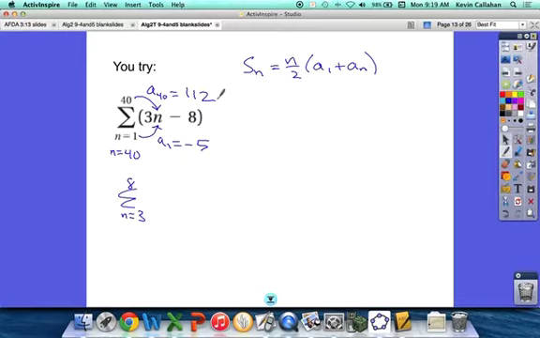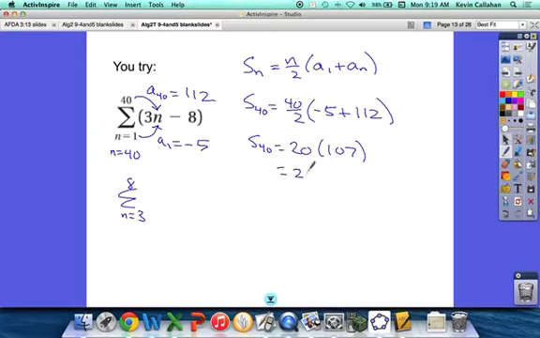And then you just plug those three numbers into this. S40 equals 40 over 2 times negative 5 plus 112. S40 equals 20 times 107, which is 2140.